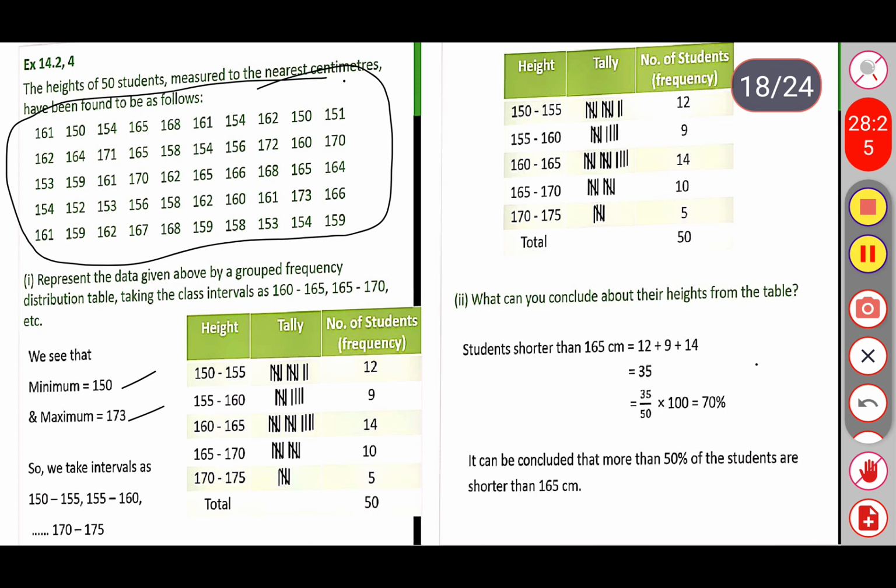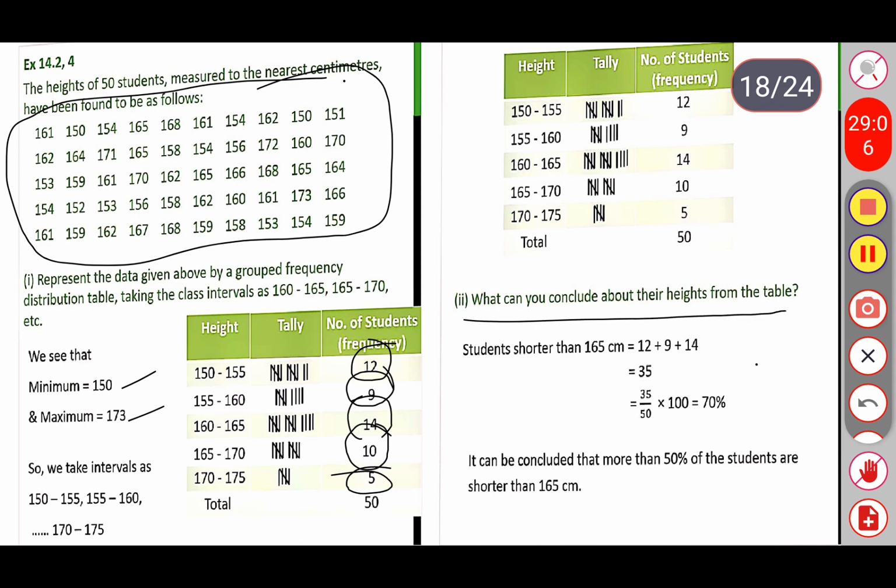Of these, 12 students have their height between 150 to 155, 9 students between 155 to 160, 14 students between 160 to 165, 10 students between 165 to 170, and only 5 students between 170 to 175. Now what can you conclude about their heights from the table?